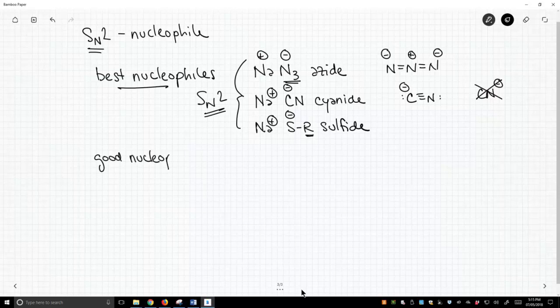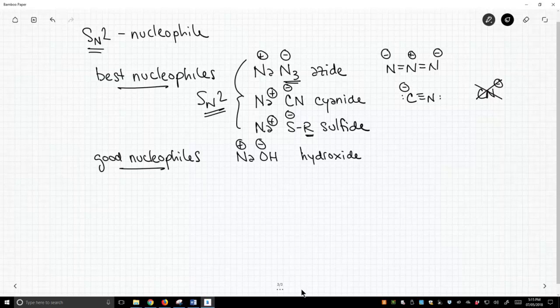There are a lot of nucleophiles that get used in SN2 that aren't necessarily the best, but still are often used for SN2. Okay, hydroxide is one. Now, when I say the word base, you probably think in your mind hydroxide. As it turns out, bases aren't always so good in SN2 reactions, but hydroxide certainly can be used in SN2 reactions.